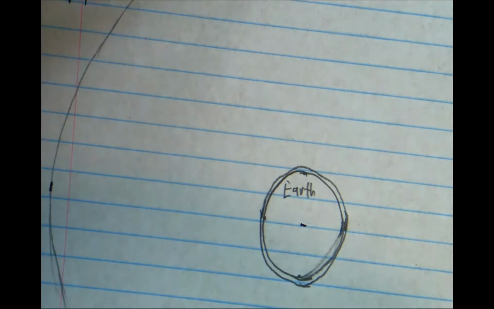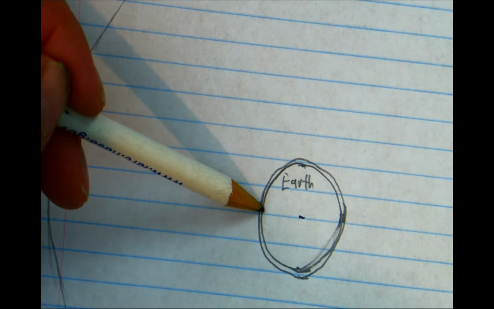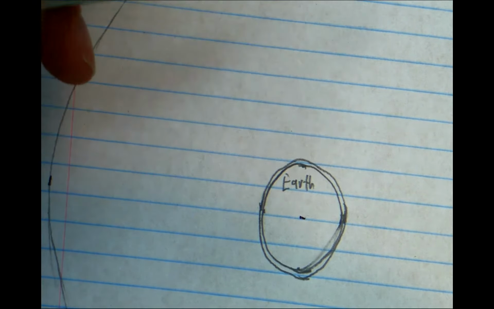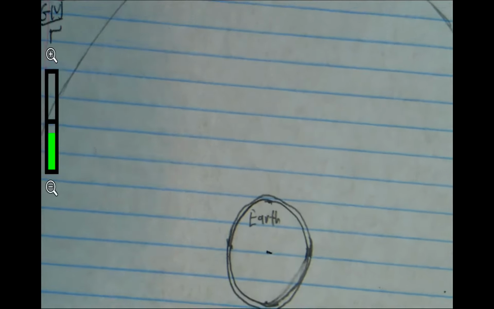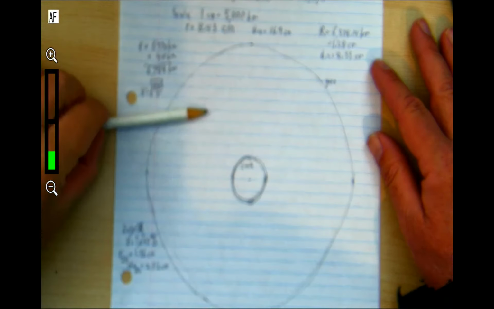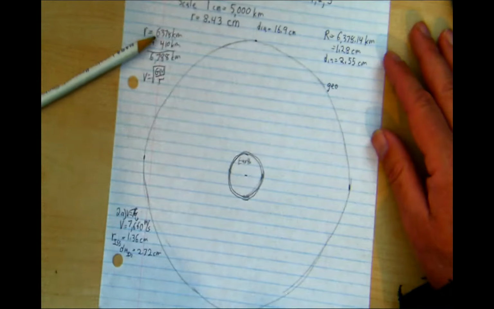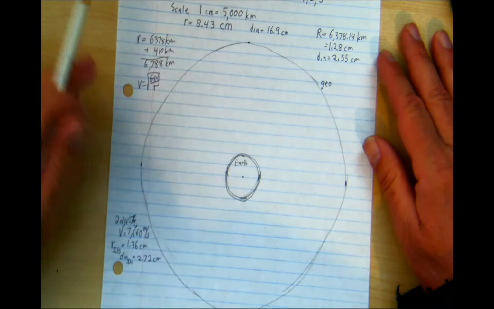A little thin ring around planet Earth. No human in your lifetime has been to geosynchronous orbit. No human in your lifetime has been halfway to geosynchronous orbit. It just is beyond the range of human travel in your lifetime.